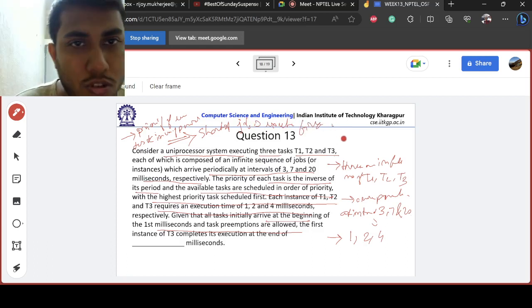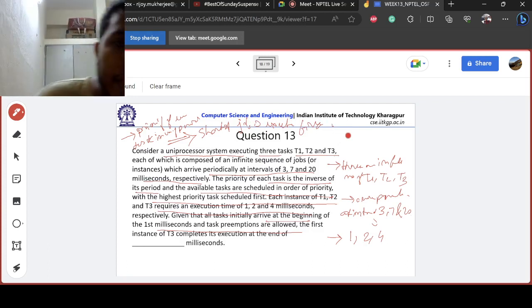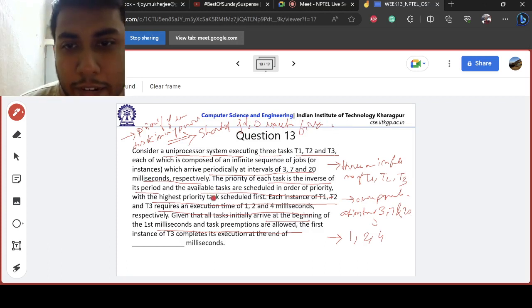So it is basically your shortest job first algorithm. Initially all the tasks arrive at the beginning at the first millisecond and task preemptions are allowed. So the first instance of T3 completes execution at dash milliseconds. So let's prepare the Gantt chart and do it.